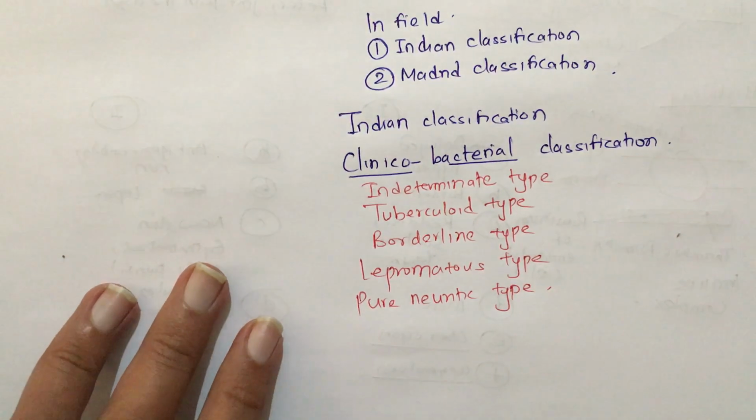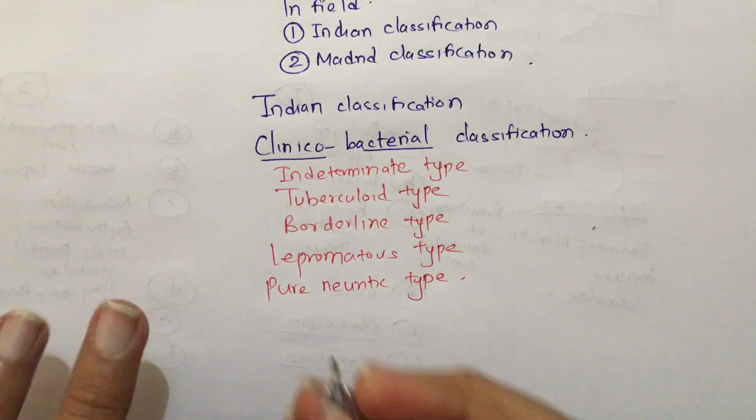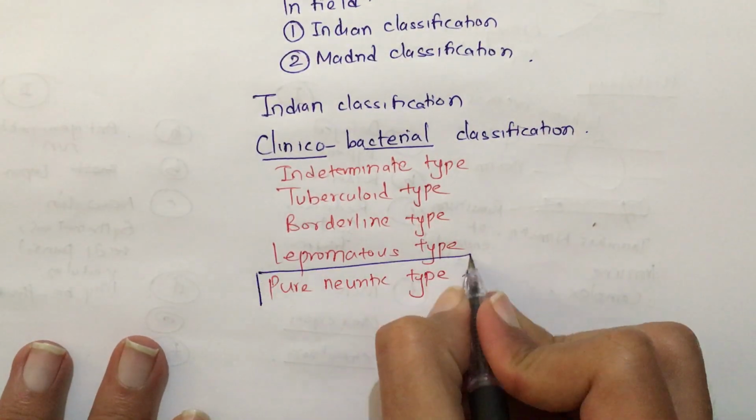So we can see a new classification system in the Indian classification, that is the pure neuritic type.